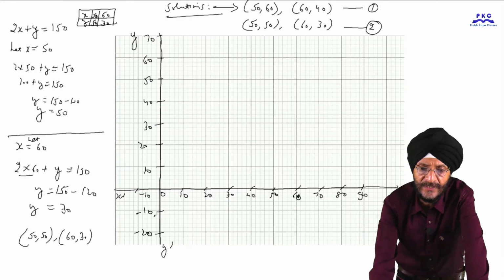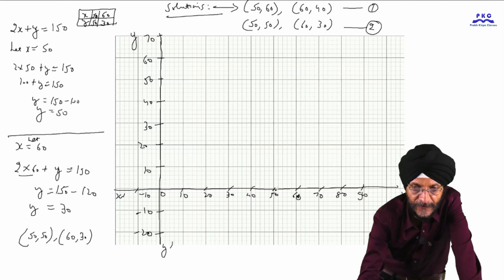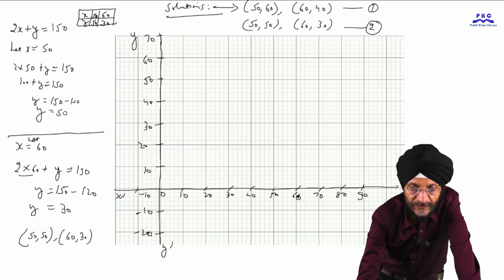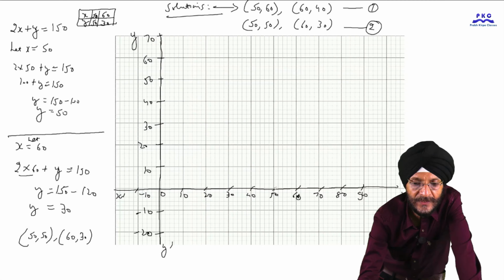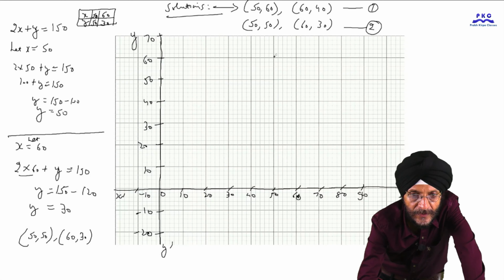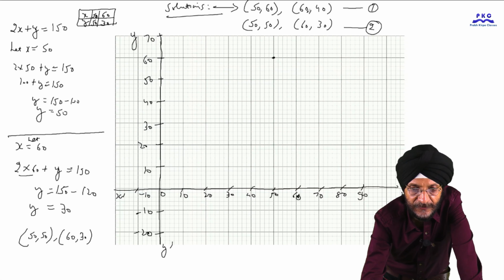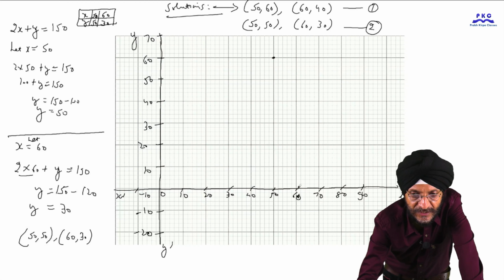So now what is the first scenario? This is 50, 60. That is, the value of x is 50, the value of y is 60. This is the first point. Now the next is, the value of x is 60, the value of y is 40. This is the second point.